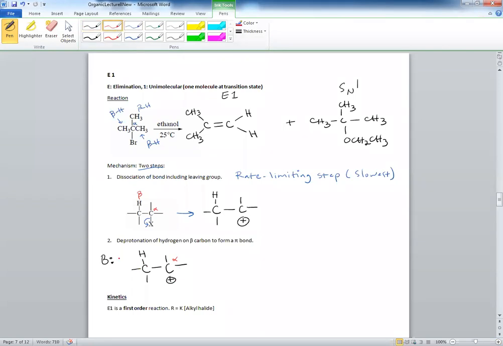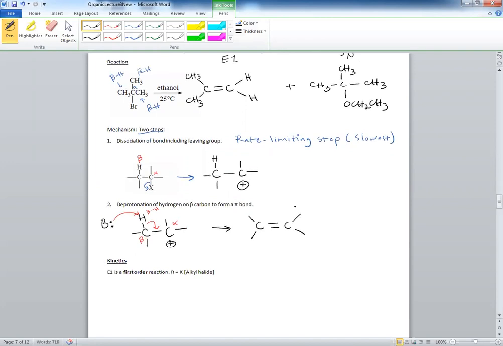And notice the difference between E2 and E1. Base attacks the proton, and of course, the electrons would shift between the 2 carbons, the beta carbon, this is the beta hydrogen, to make a double bond. So that is the mechanism of E1.